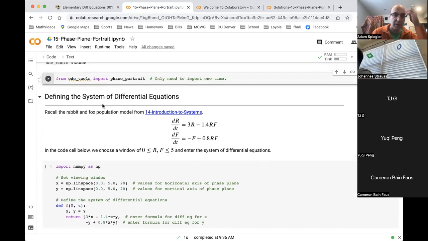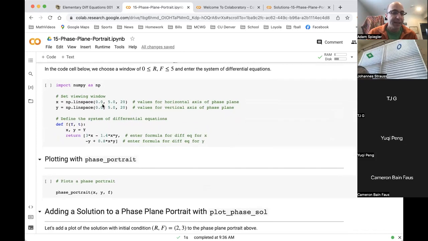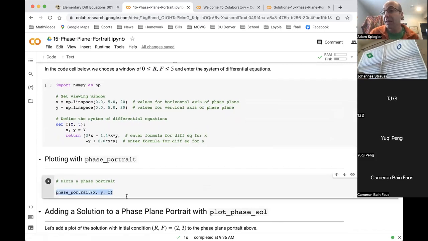So the function is phase portrait, and you can see it down here. There are three things that we need to define before we run that function: what our range of x values is on the horizontal axis, what our range of y values is on the vertical axis, and what the system of differential equations is.